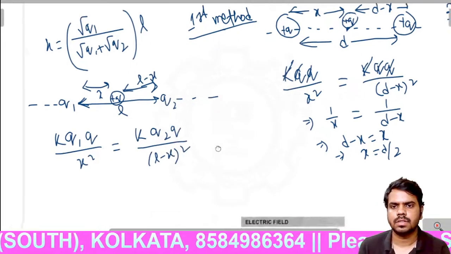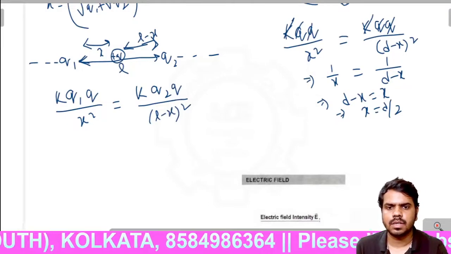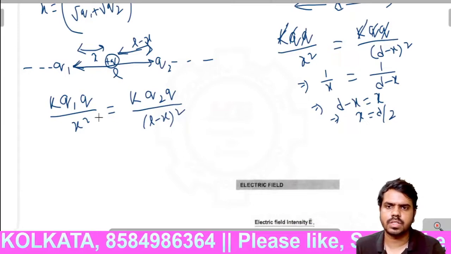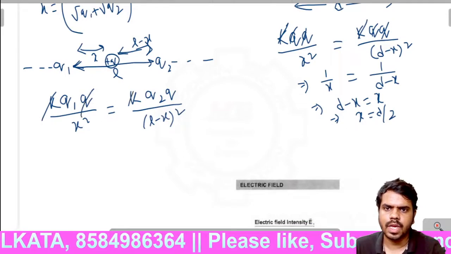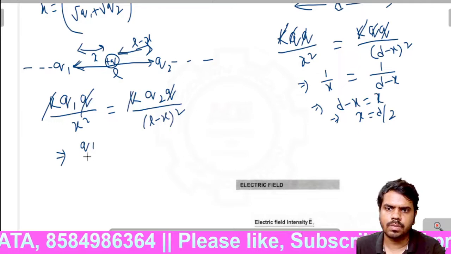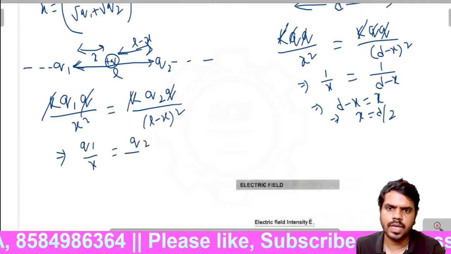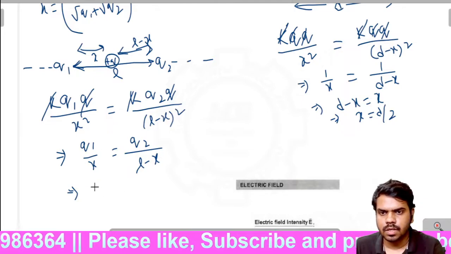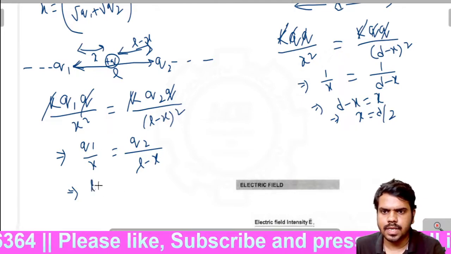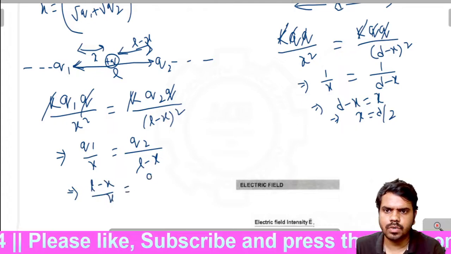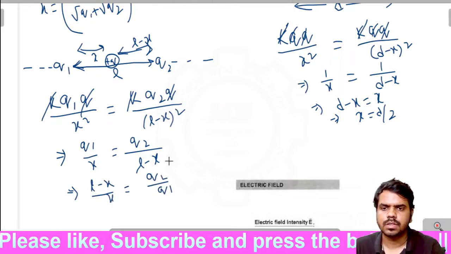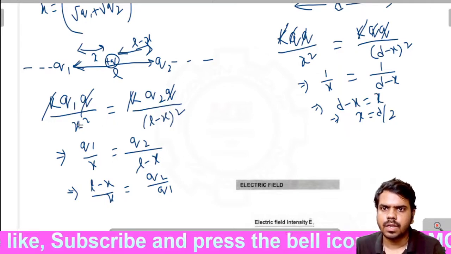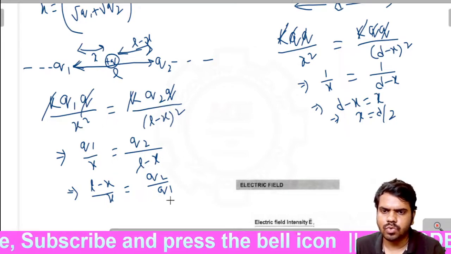Clear? Now the electric field concept comes in here, and the k q cancels out. So q1 by x square is equal to q2 by L minus x square. That means L minus x by x is equal to root q2 by root q1.